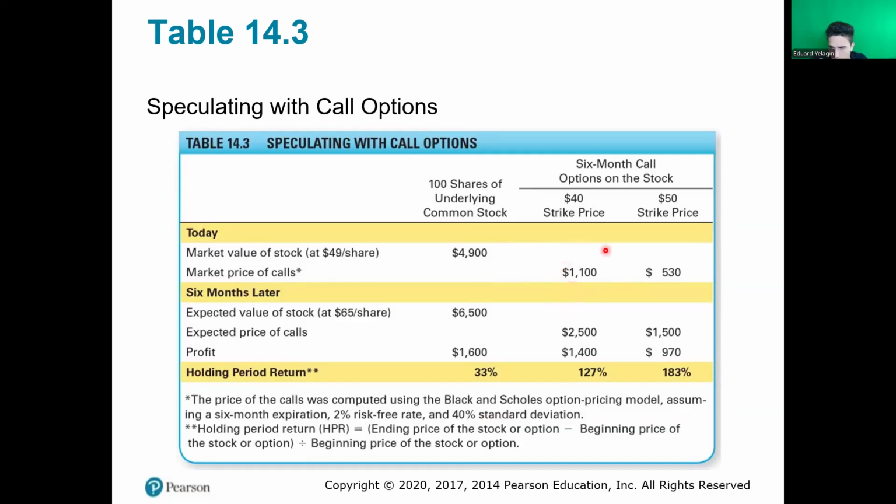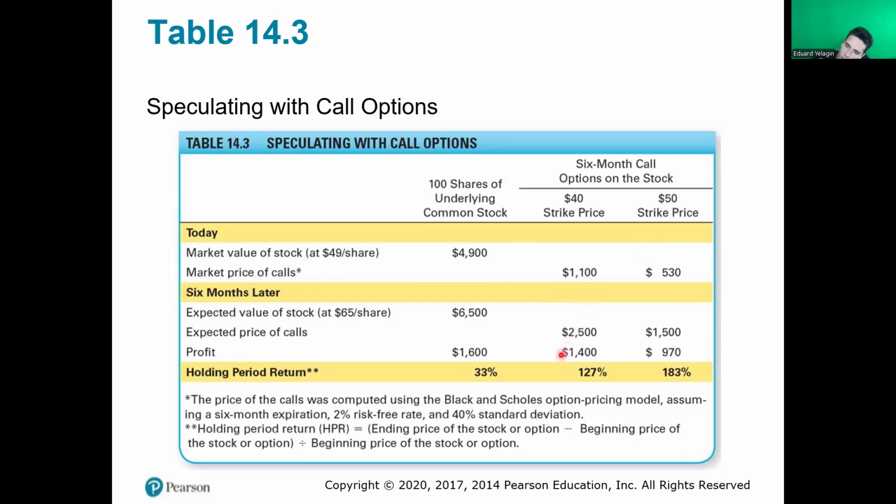And so here you can see that the per contract value will be $1,100. So you have to pay $11 per option contract. So the break-even point will be what? 11 plus 40, $51. At $51, you will be at break-even. Your returns will be 0.